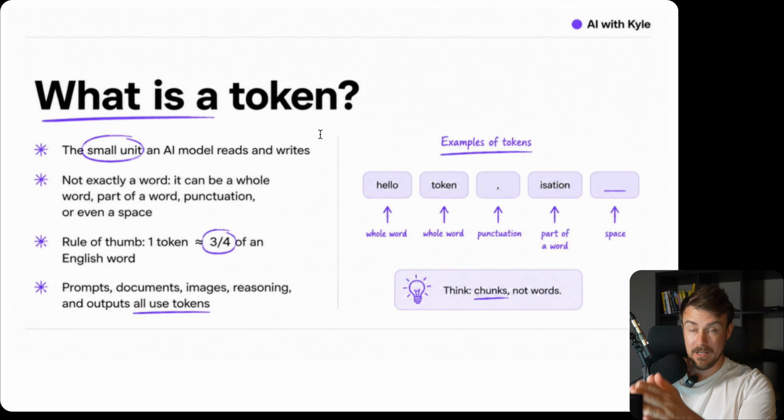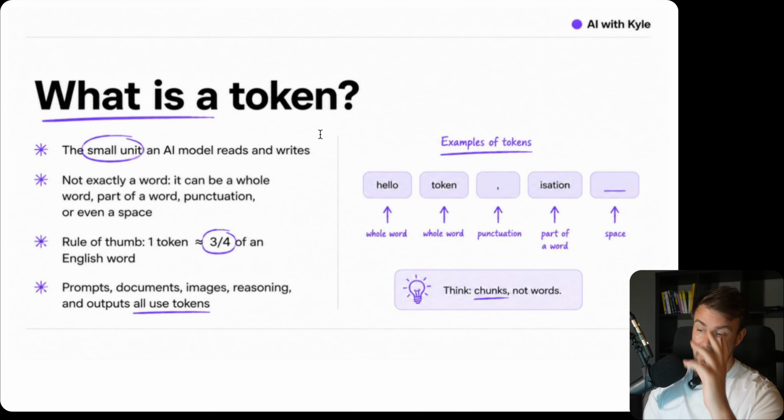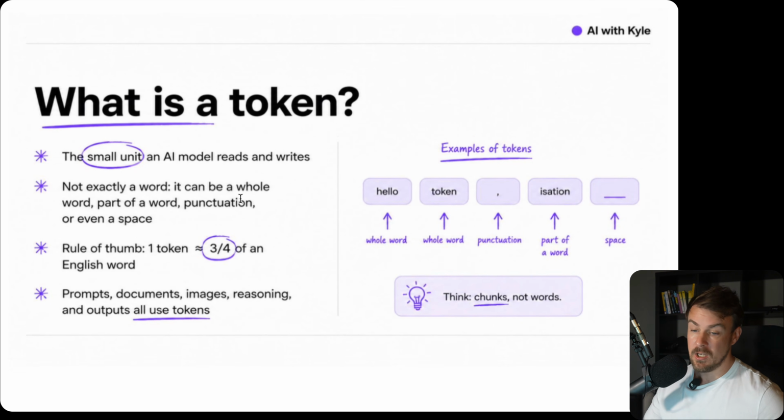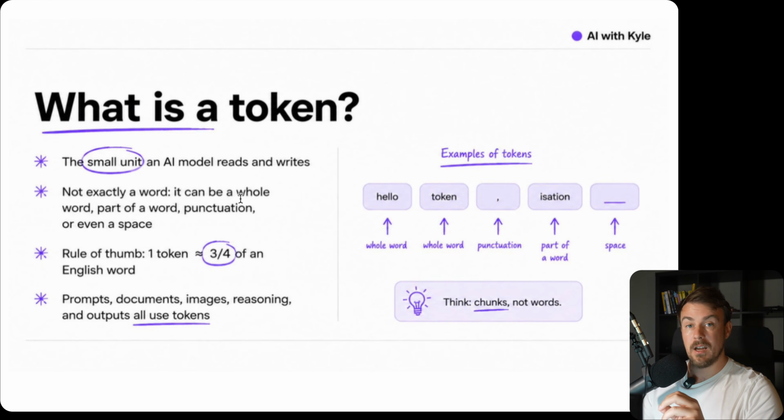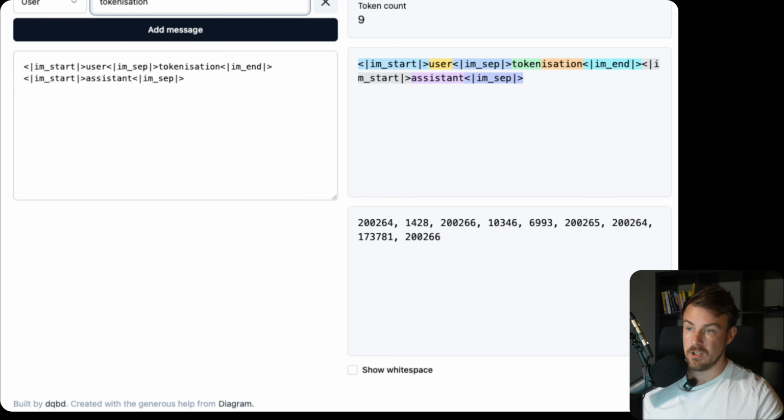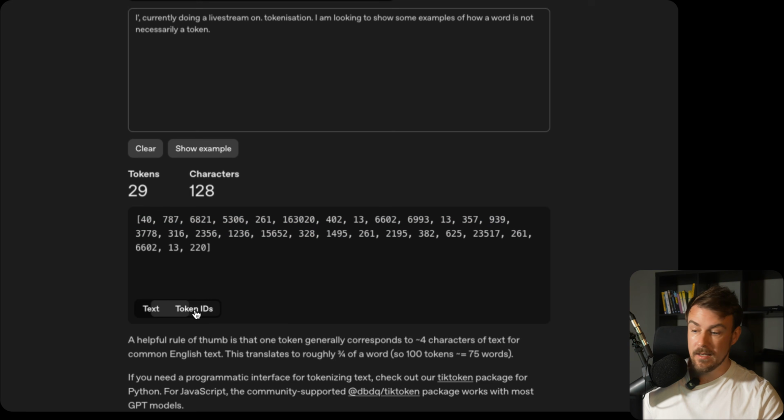As a rule of thumb, and this is the official rule of thumb from OpenAI, one token is generally 3/4 of a word if you average over the whole of the English language. And everything that we put inside of a large language model, so all of our inputs, all of the documents, all of the images that we give to it, everything is reduced into tokens. And if we actually look at the tokenizer here, we can see that each of these tokens has an ID.